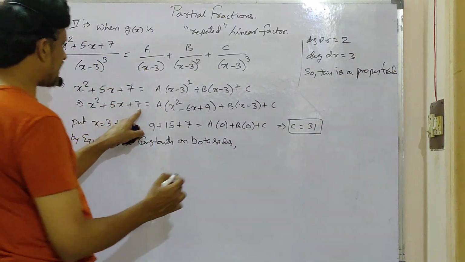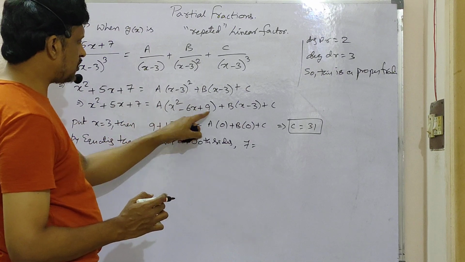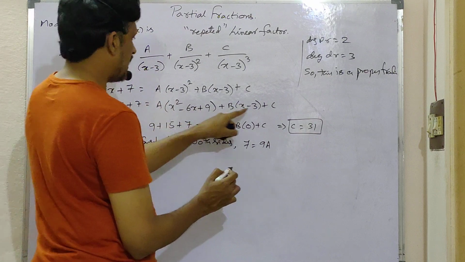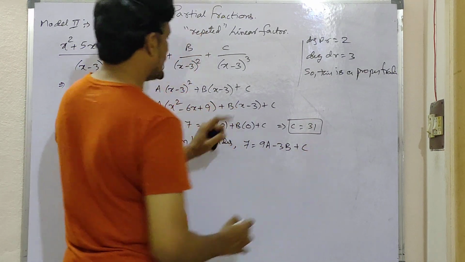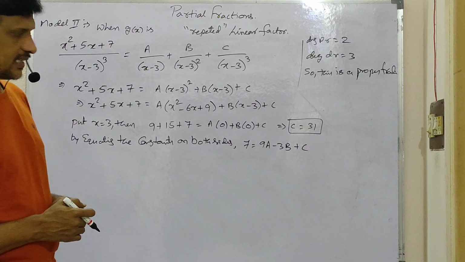Here the constant term 7 is equal to 9a minus 3b plus c. By equating constants you are getting this relation.